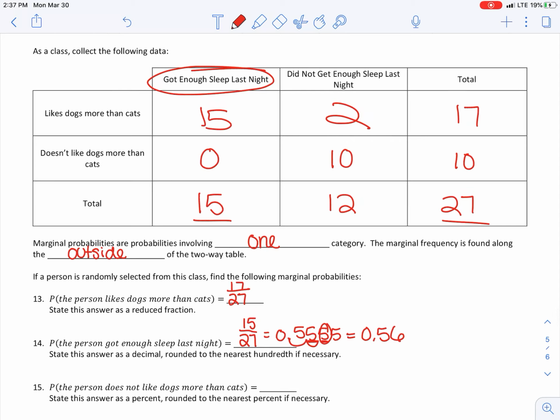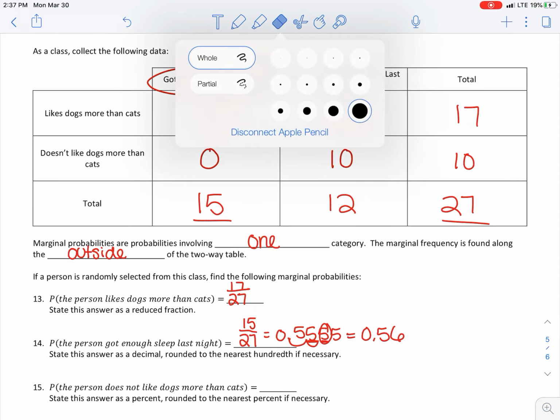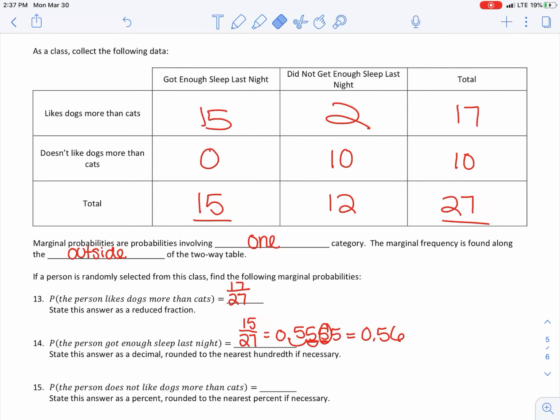Okay, for number 15, it says, what's the probability the person does not like dogs more than cats? So we are only looking at the people who do not like dogs more than cats, and that's a total of 10 people out of the total number of people of 27.